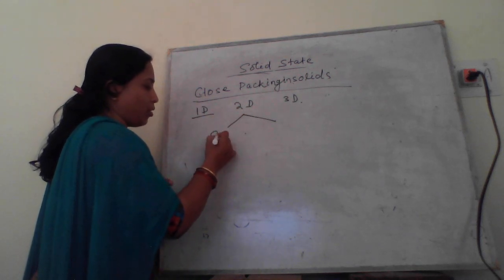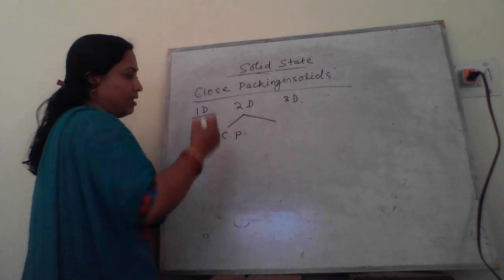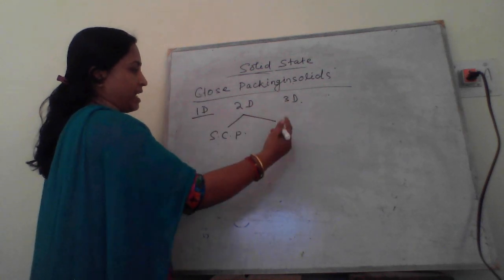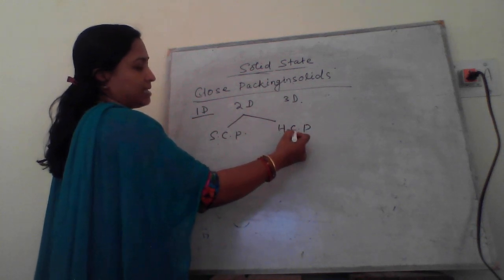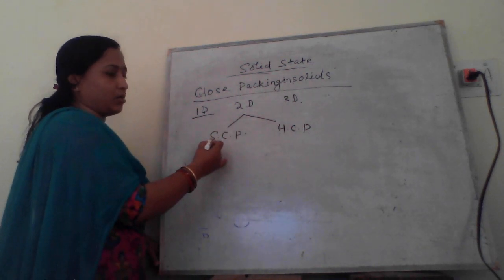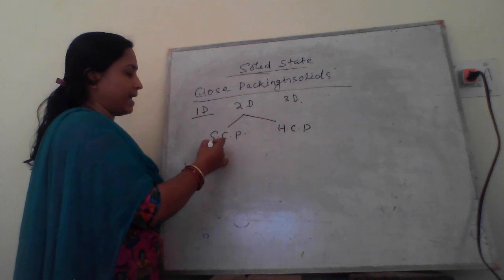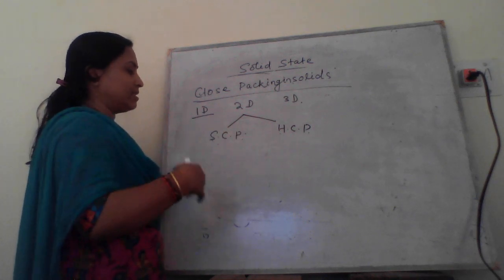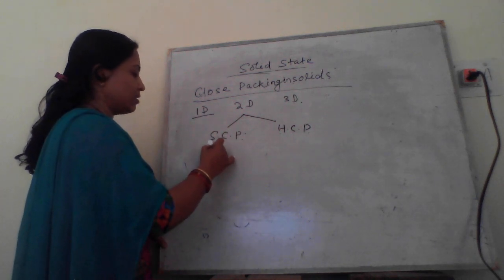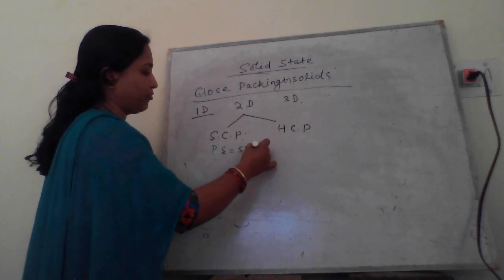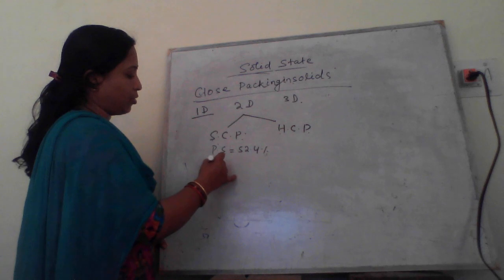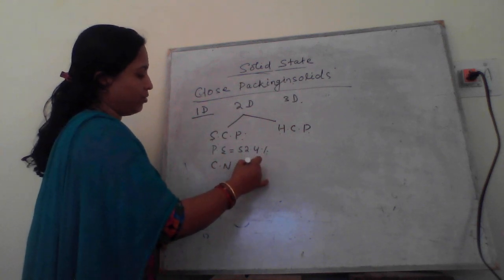One is square close packing, and in 2 dimensions the second type is hexagonal close packing, HCP, and square close packing termed as SCP. In square close packing, the packing efficiency is 52.4% and coordination number is 4.